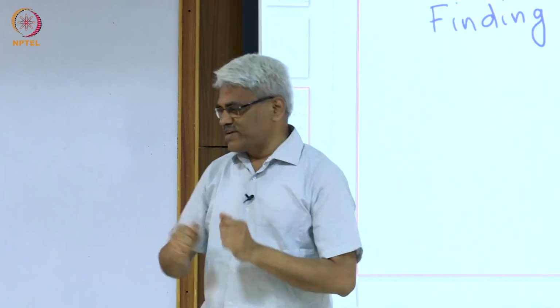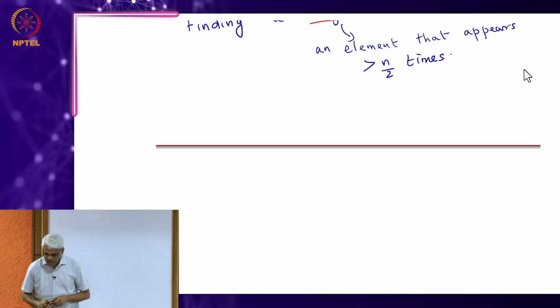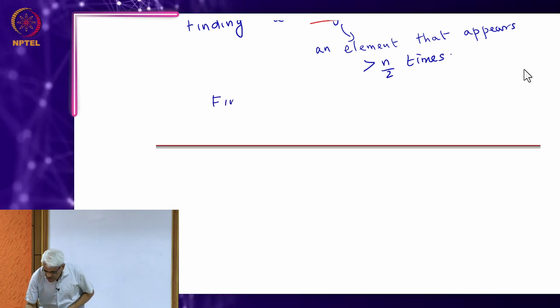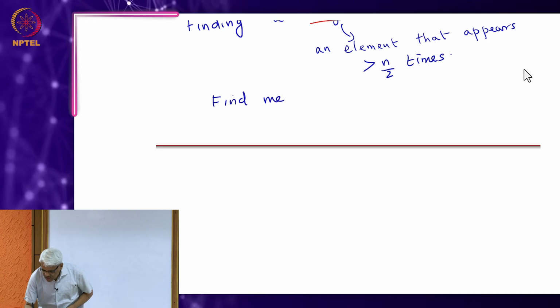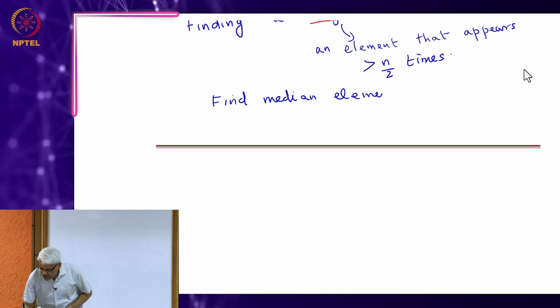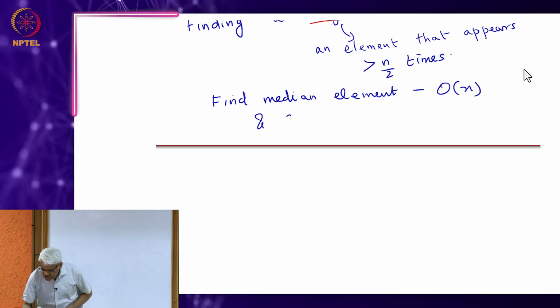Now I'm going to tell you a very clever, very simple linear time algorithm. So let me write down the linear time algorithm. Find the median element, so that's order n, and check its frequency.